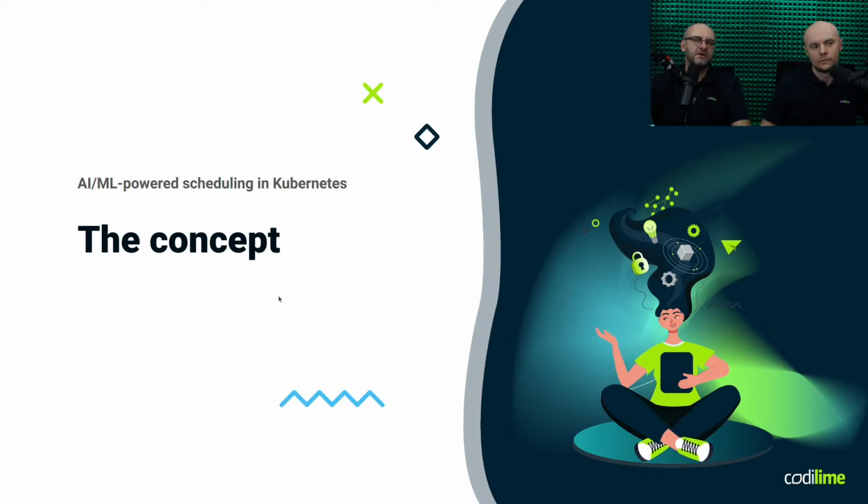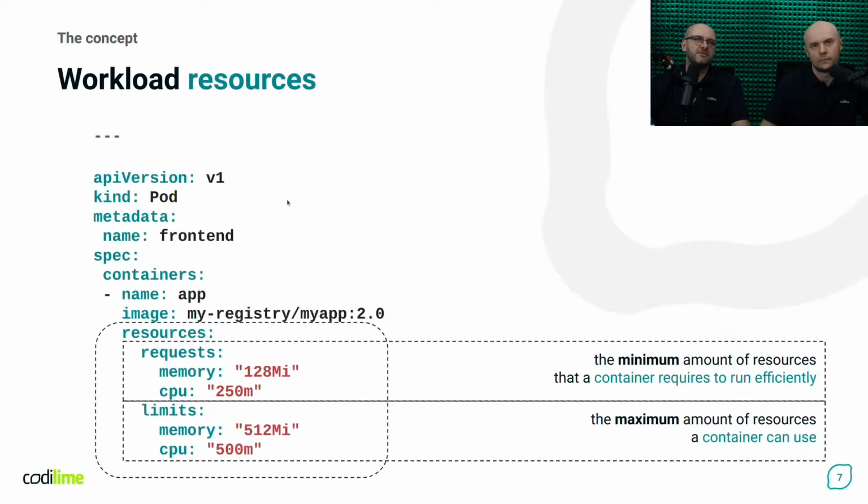But before we dive into details, I would like to say a few words about how resources are managed in the Kubernetes environment. It is highly advisable to provide requests and limits for each running container that needs to be scheduled. The request expresses the minimum amount of resources that are needed for the efficient operation of the processes in the container.